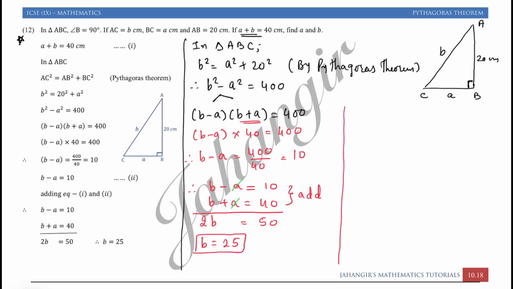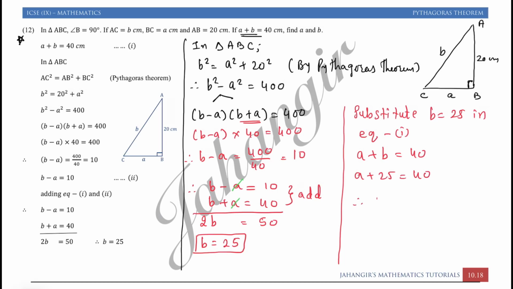Now we will substitute B is equal to 25, we can write in any equation, just substitute in any equation. So equation number 1 we can say as A plus B is equal to 40. So therefore A plus 25 is equal to 40.